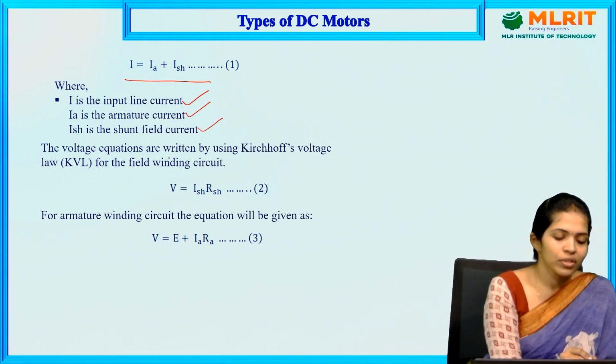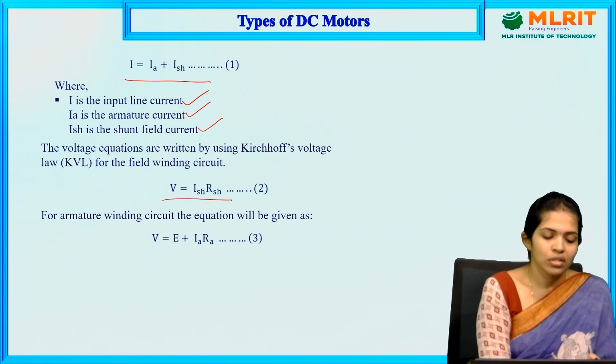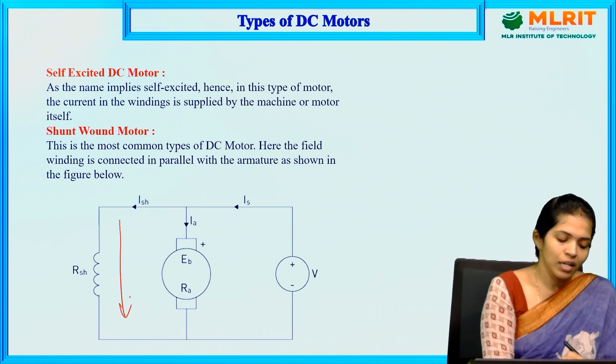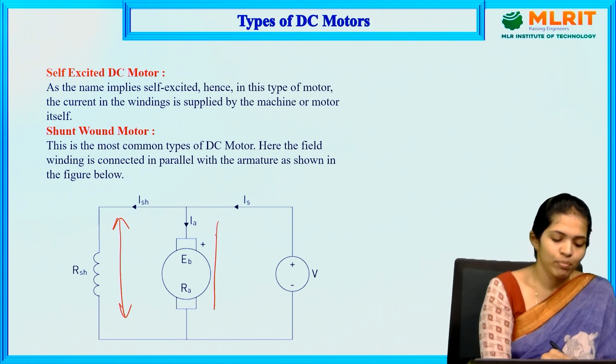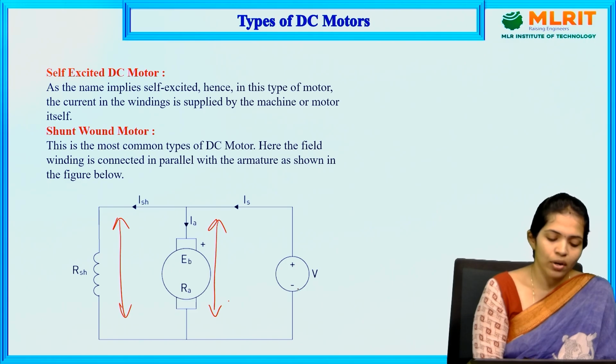Now the voltage equations, written by Kirchhoff's law. So we are going to write the voltage across the parts. If you see the circuit, in parallel branches the voltage is the same, which is the voltage applied across the terminals.